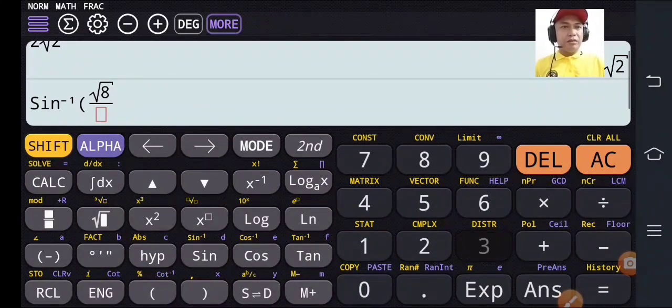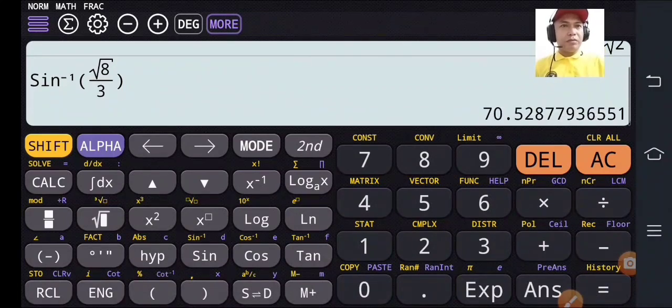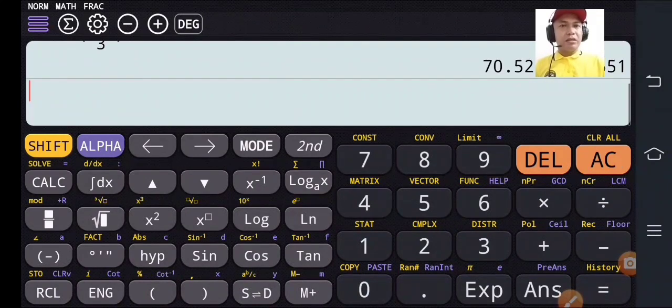So the result is 70.52. How about if you are going to make use of cosine? For cosine, we have cosine inverse 1/3.